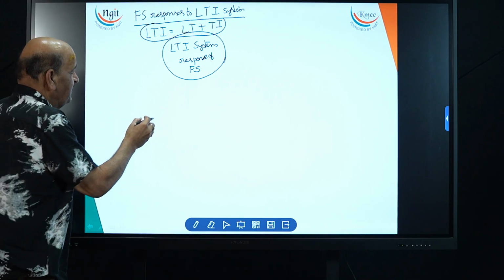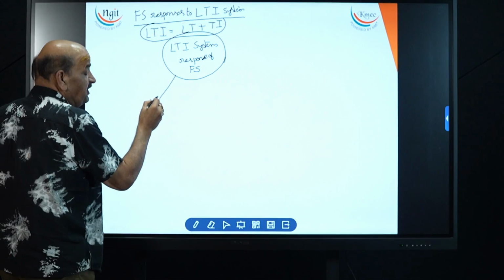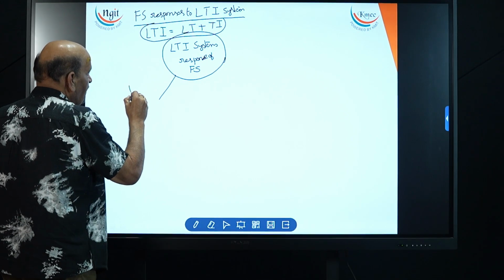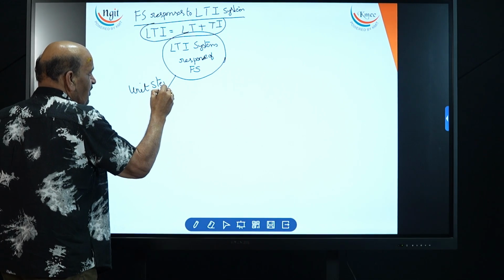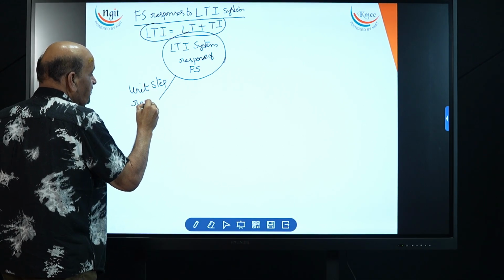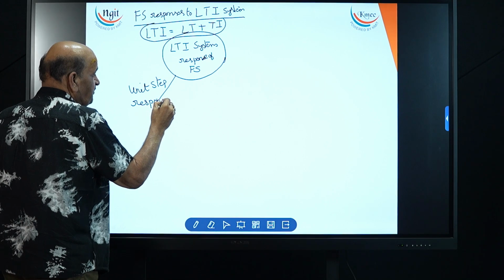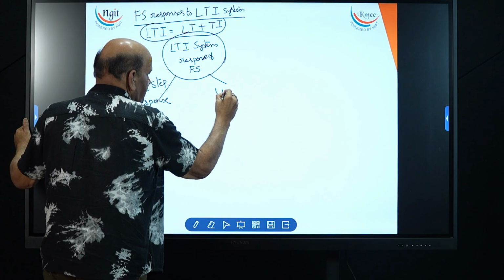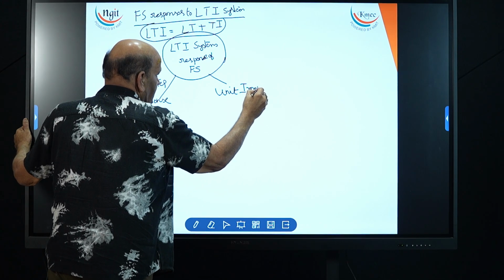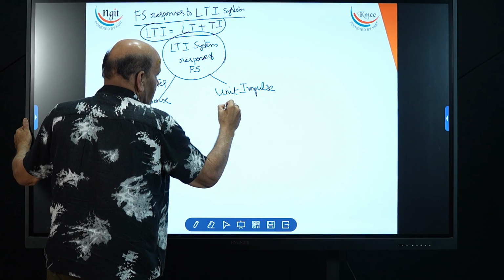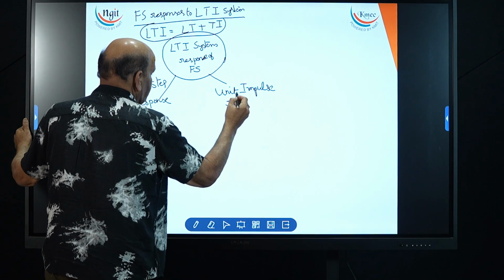That is an important one. Here, generally it exhibits two properties. One is unit step response. Another one is unit impulse response.